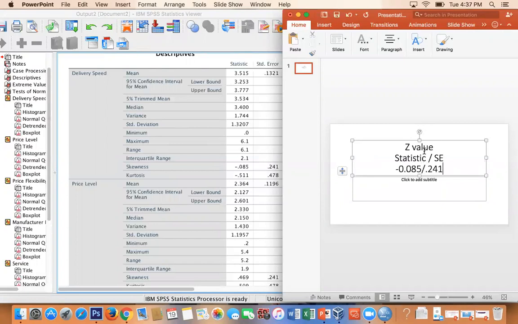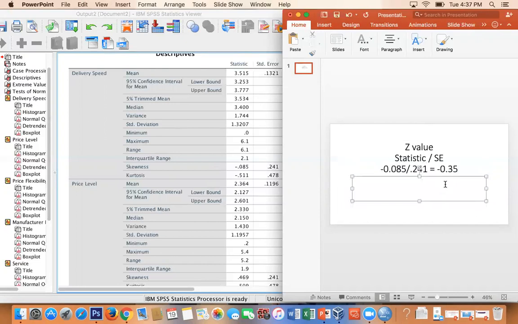Let me use my calculator, it makes my life easy. 0.085 divided by 0.241 will give you a value of minus 0.35. Now, what is the benchmark?